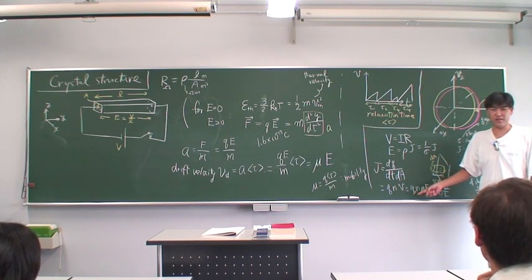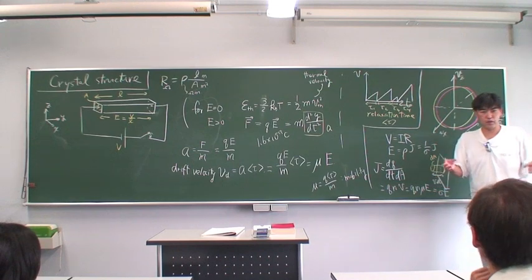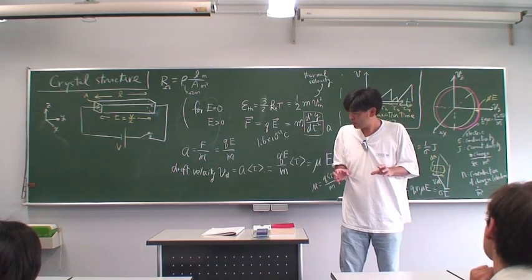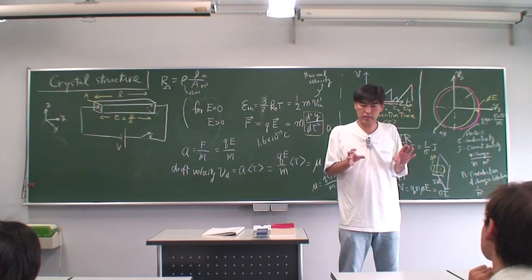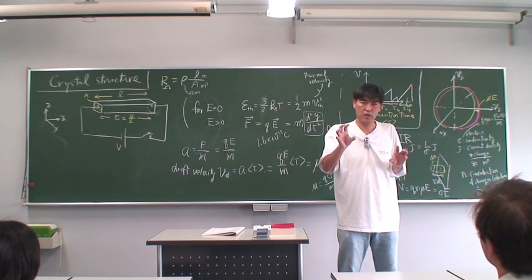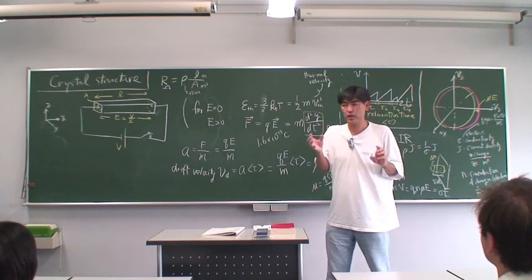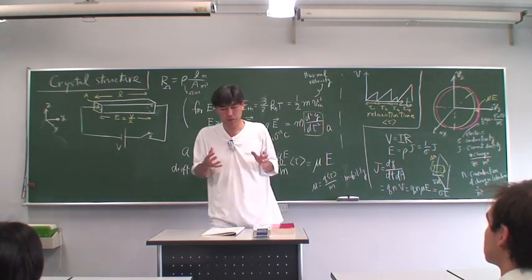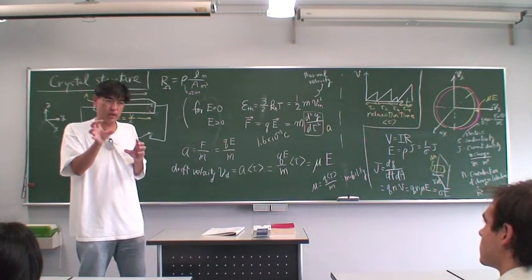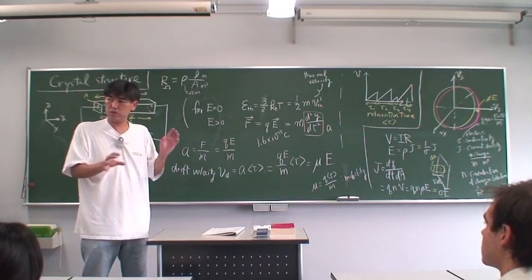And concentration is very important. You have to know the concentration. I said approximately there's 1 electron per aluminum atom, but how do I come up with this conclusion that there's 1 electron per atom that contributes to the conduction?